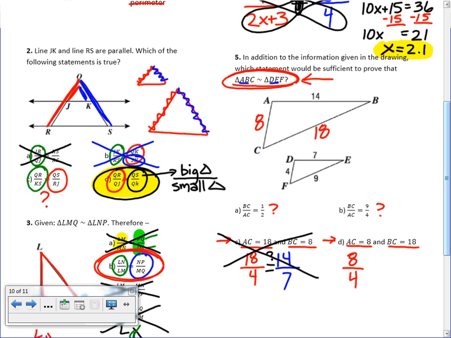Okay, so that simplifies to 2 over 1, so that's kind of cool to know. And we want to know if that's going to be equal to BC, the 18, and BC, according to our similarity statement, has to correspond to EF, which is 9. 18 over 9. Well, yeah, they both reduce to 2. So I like that.